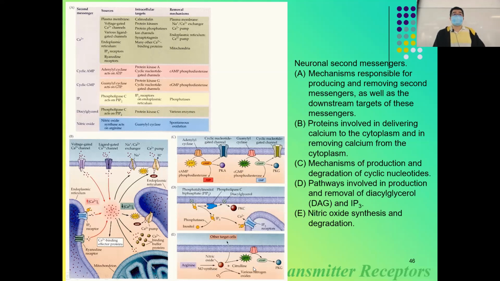It's synthesized by different types of nitric oxide synthase. If you have to learn it, in humans there are 3 types of nitric oxide synthase. When we talk about nitric oxide signaling, then we'll talk about them. It's very important in the neurons and also in the circulation and so on.